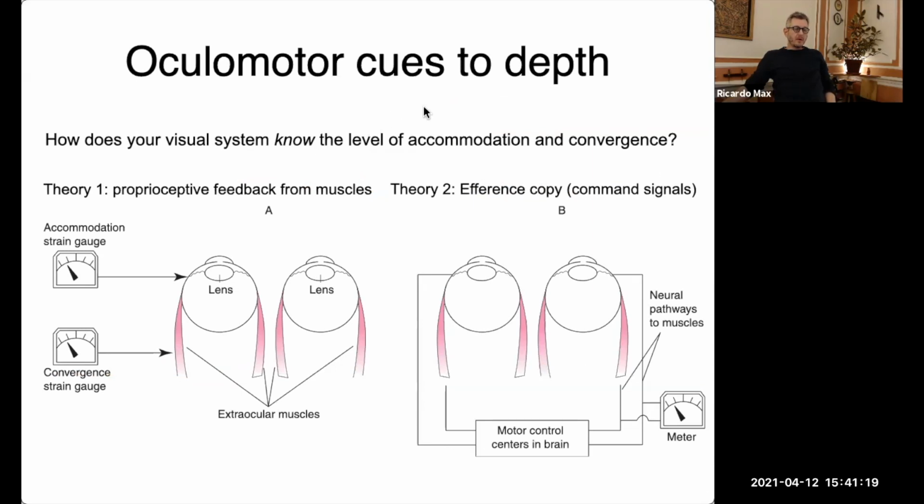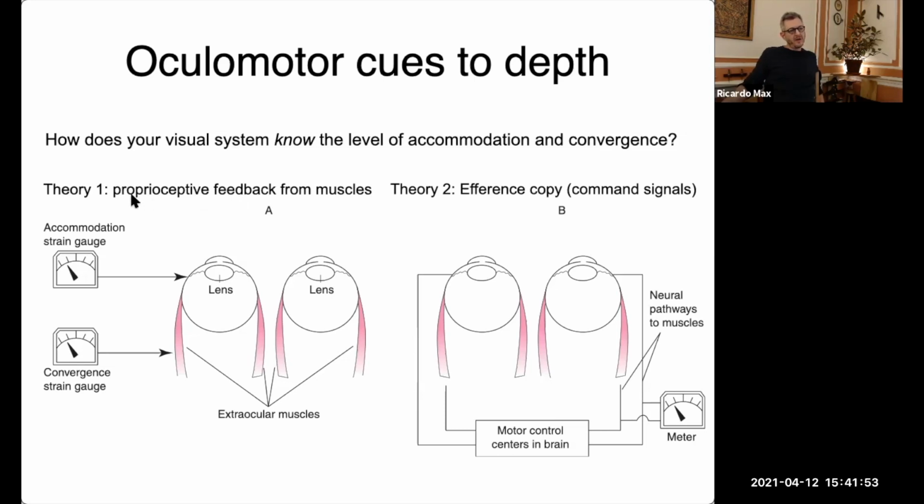Both convergence and accommodation are movements by muscles, voluntary or involuntary, that are controlled by our brain. So our brain also uses that information in order to infer the distance from our eyes of the object we are fixating on. There are two theories that are not mutually exclusive.